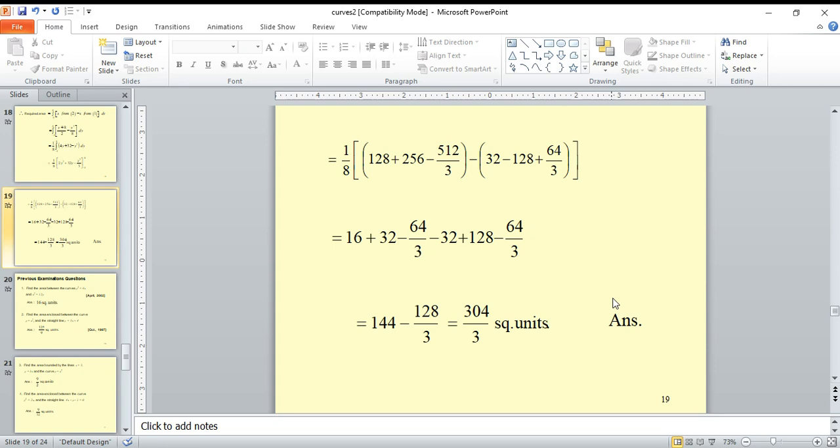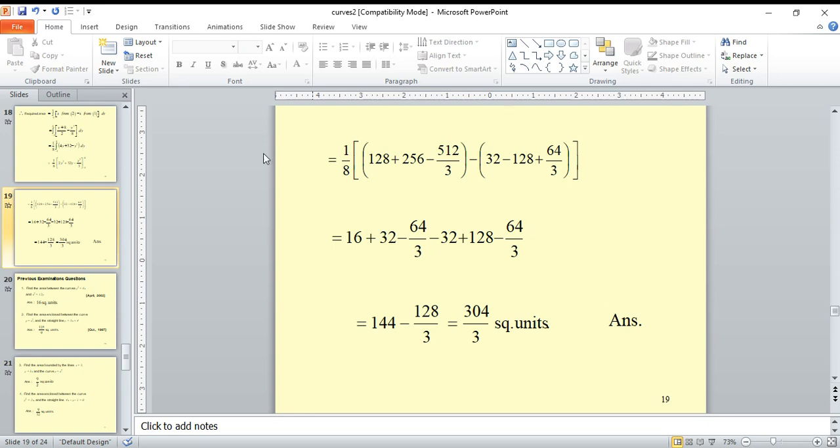Next, 128 minus 32, 96 into 2, minus 2 plus 64, minus 128 by 3, plus 52 by 3 square unit.